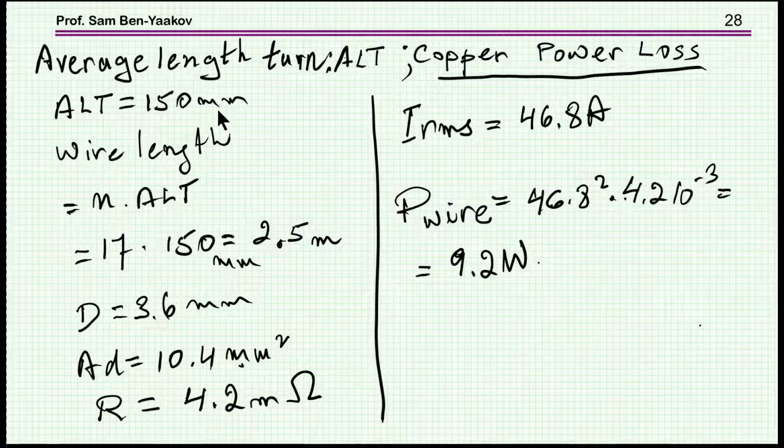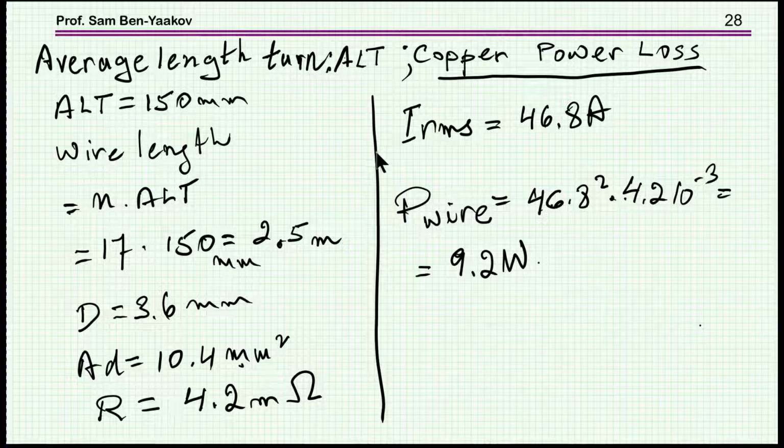We can calculate now the resistance of the wire, knowing the average length of a turn. This is actually from the data sheet. I can also estimate it from the geometry of the core, and it comes up that the total length is 2.5 meters and the diameter 3.6 millimeters for the 10 millimeters square that I need, and it turns out that the resistance is 4.2 milliohm.